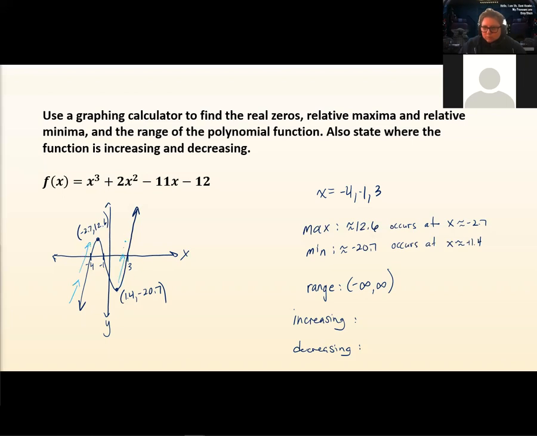So if it's going up, that's increasing. And if it's going down, I'm going to do my red. Okay. So with that on the graph, what are the intervals that it's increasing? Where does it start?